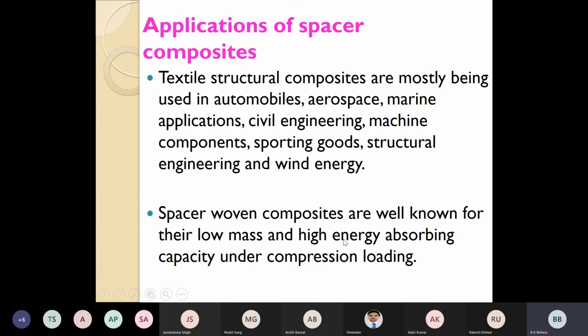Because spacer woven composites are well known for their low mass and high energy absorption capacity under compression loading. Never forget this. This is a very conclusive statement. Spacer woven composites are well known for their low mass, high energy absorption capacity under compression loading.